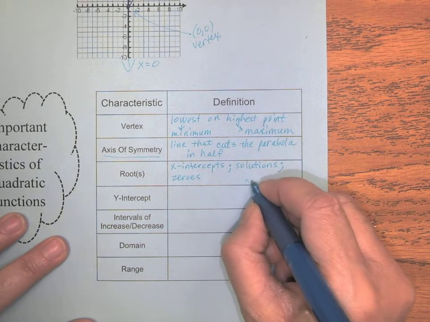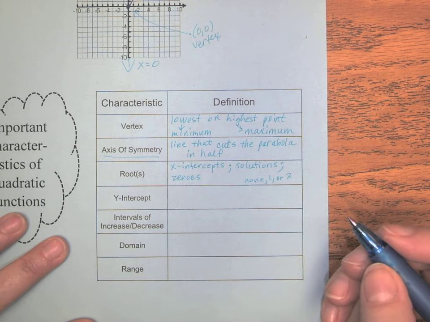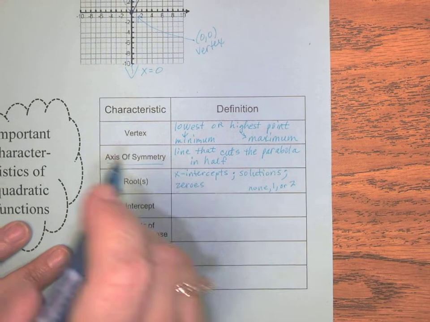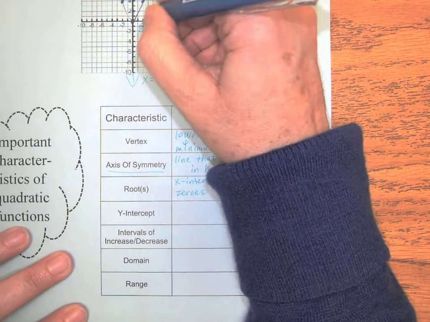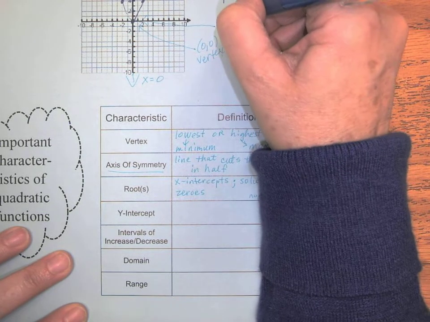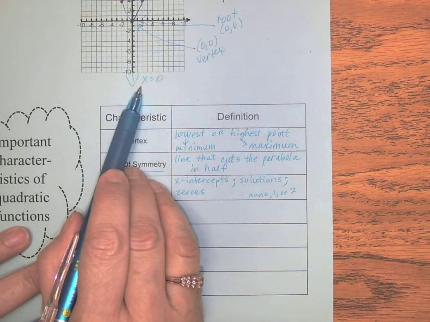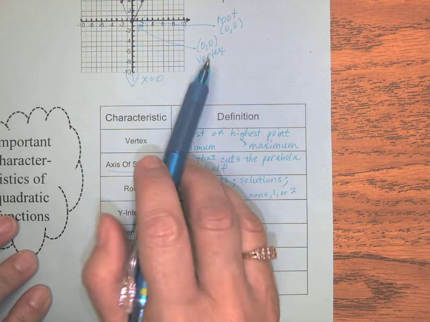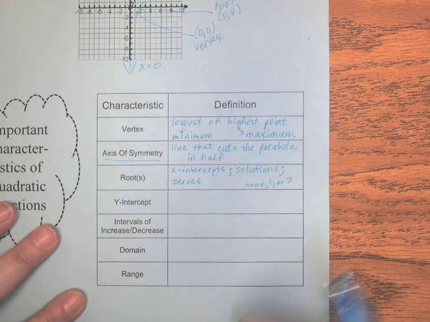There can be none, or 1, or 2. This parent function has 1, and it's actually the same as the vertex. So the root and the vertex are the same. And I didn't tell you, the axis of symmetry always goes through the x of the vertex. We'll do that some more in a minute.